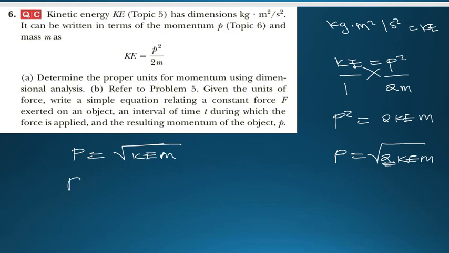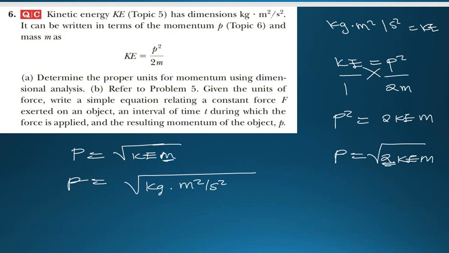What have we been given, guys? Our kinetic energy is kg m squared per s squared, and then it is also multiplied by mass.